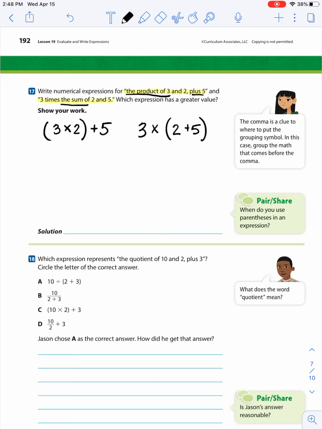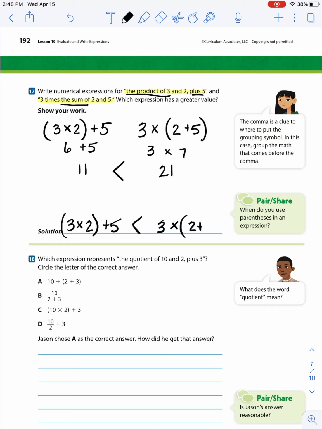Then it wants to know which one has a greater value. So now we have to solve them. So parentheses first, 3 times 2 is 6, plus 5 is 11. 2 plus 5 is 7, times 3 is 21. So the second expression is greater. So 3 times 2 plus 5 is less than 3 times the sum of 2 plus 5.